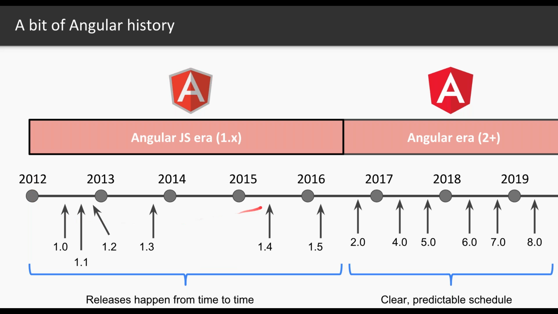During that AngularJS era from 2012 to 2016, the release schedule was not really known or shared with anyone, and we would get releases from time to time. As you can see in the timeline, sometimes you would get a lot of releases within a short time frame. We had 3 different releases of AngularJS in 2012, then just one in 2013, nothing in 2014, and then one more in 2015 and one more in 2016.